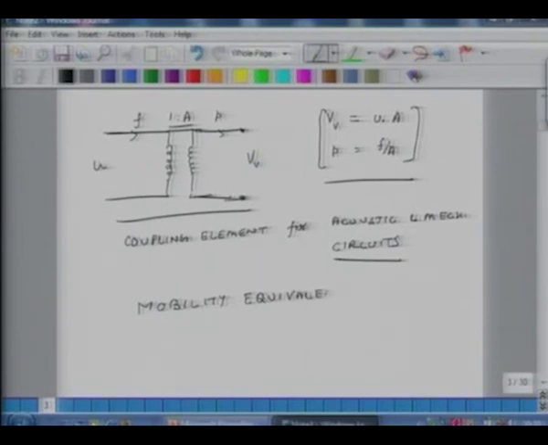If my equivalence is of impedance type, then these relations still hold, but this ratio will become A:1 rather than 1:A.